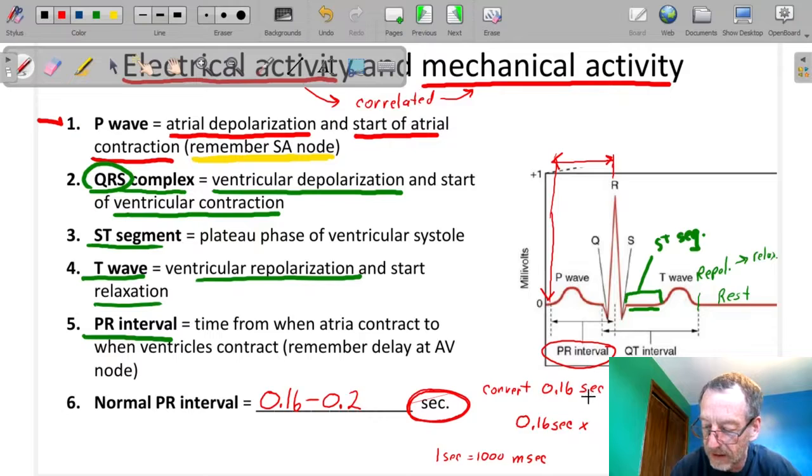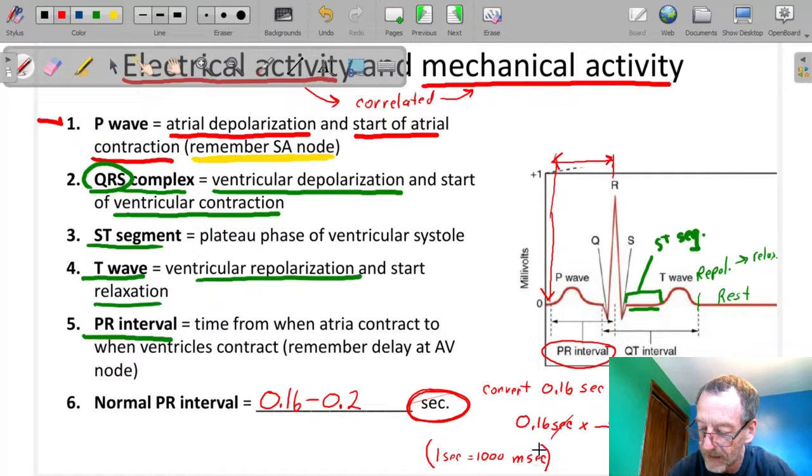Okay, so we're starting with seconds. We want to get to milliseconds. So we're going to multiply it by this conversion factor. And we want to be able to cancel units out appropriately. So let's put the seconds on the bottom, and we'll put 1,000 milliseconds on top. Once we have that set up, we cancel out the seconds.